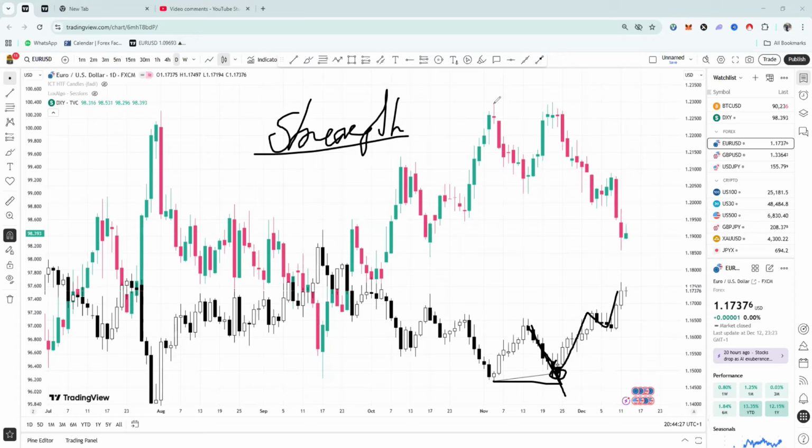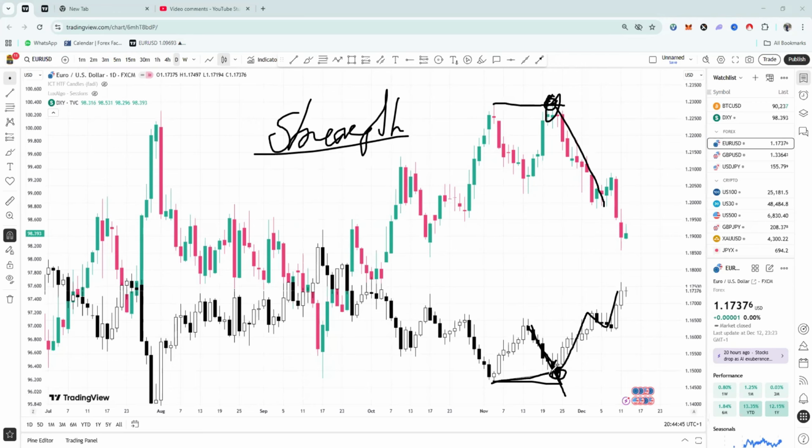In this case, the fact that DXY took out this high doesn't mean it is powerful. The simple thing here is that it was doing a stop hunt, to then drop lower. That's the purpose of this push above this high.